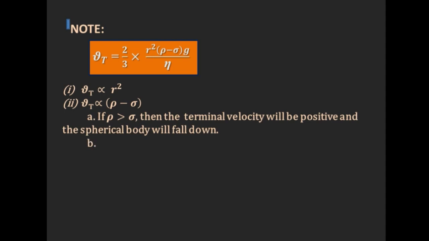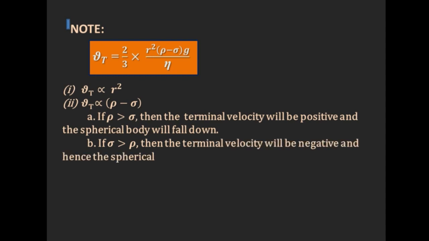Next, point number B: if sigma is greater than rho, then the terminal velocity will be negative and hence the spherical body will rise up. It means that if the density of the fluid is greater than that of the spherical body, the terminal velocity will be negative, and instead of falling down it will rise up.